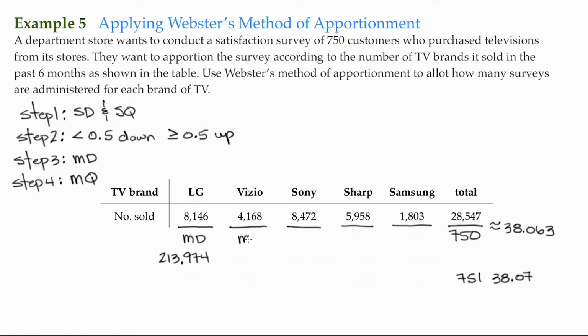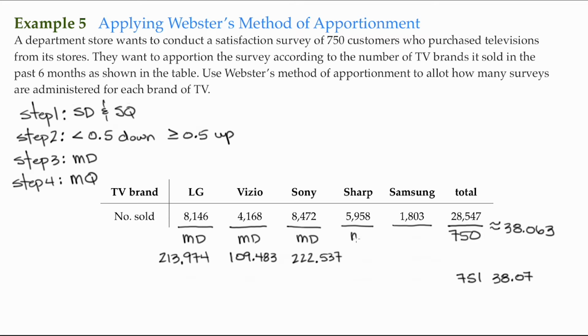Divide this by our modified divisor and our modified quota. Well, 4,168 divided by 38.07. And this is 109.483. We do the same here for the next subgroup. This winds up being 222.537.